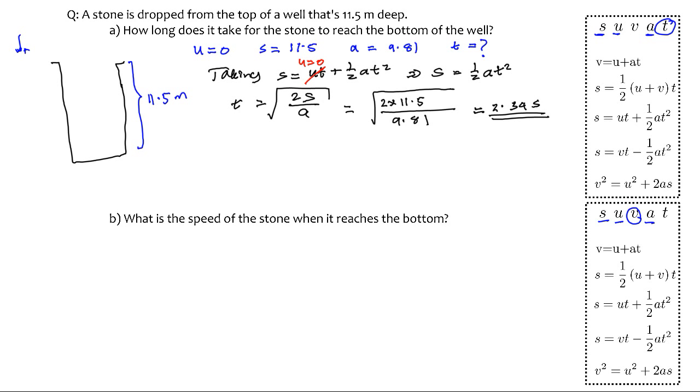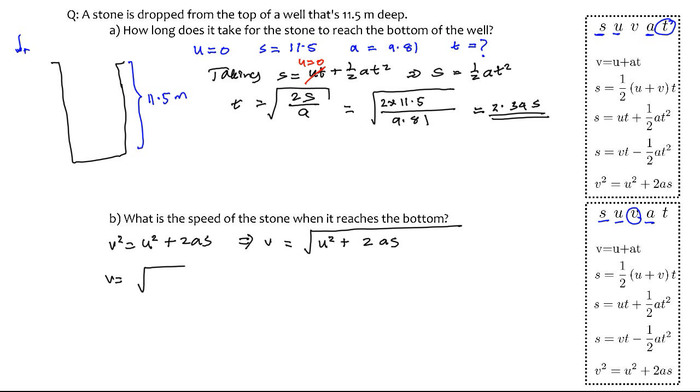So then I can write, I'm using v squared is equal to u squared plus 2as. I'm interested in v, so that will be the square root of u squared plus 2as, and therefore v is equal to the square root of... u is 0, so u squared will be 0.